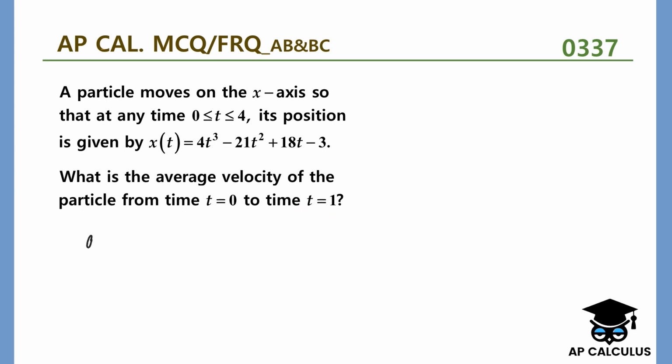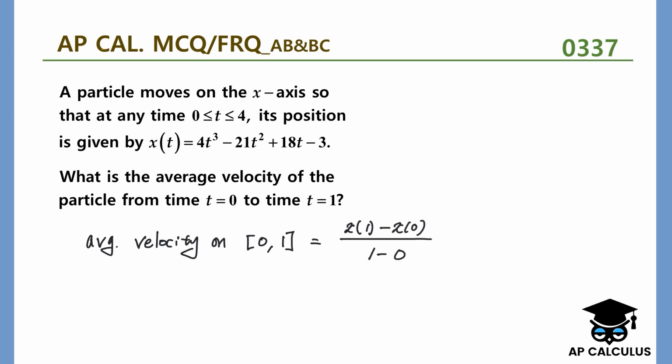So average velocity on this interval [0, 1] is equal to y2 minus y1 over x2 minus x1, right? The slope of the secant line.